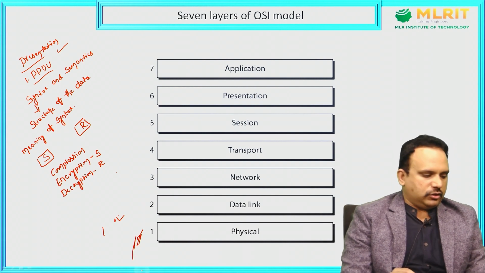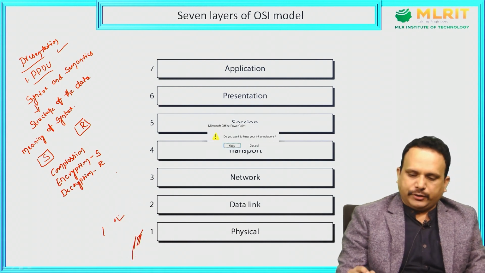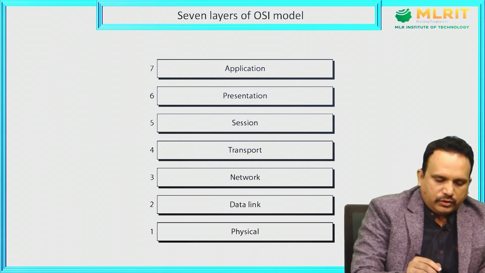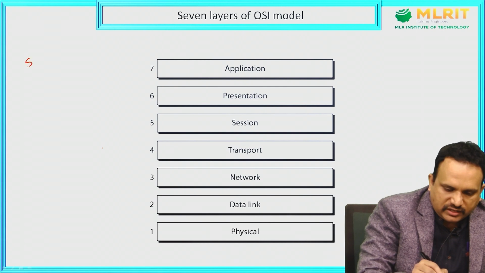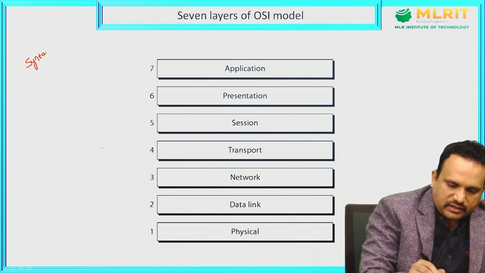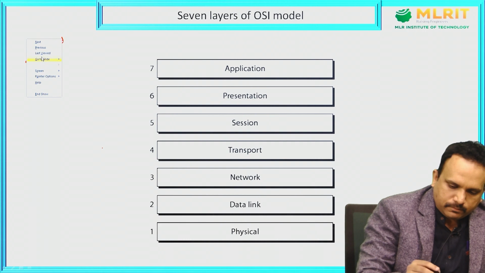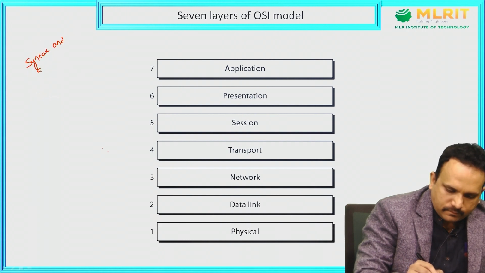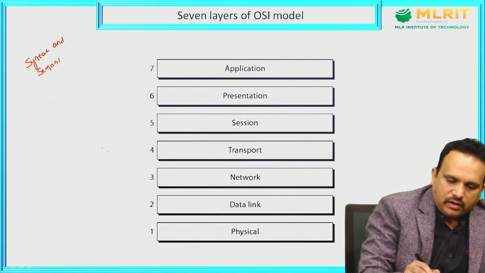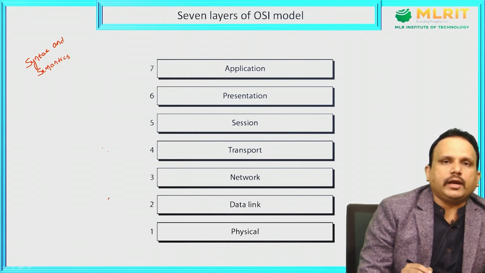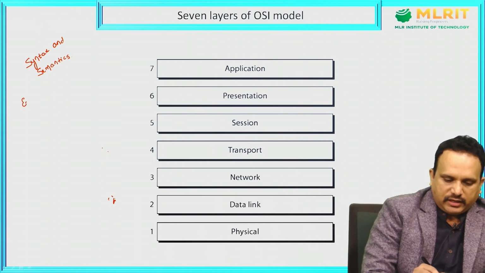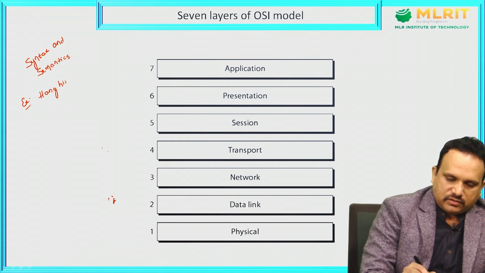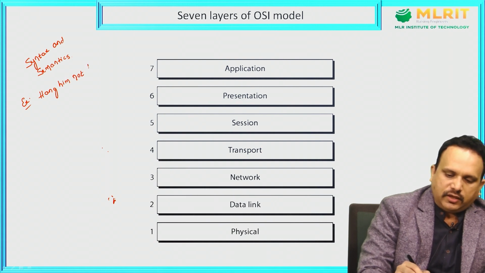Coming to syntax and semantics, I told you that in the presentation layer we mainly concentrate on syntax and semantics. I am taking one example to show why they play an important role. For example, "hang him, not leave him."